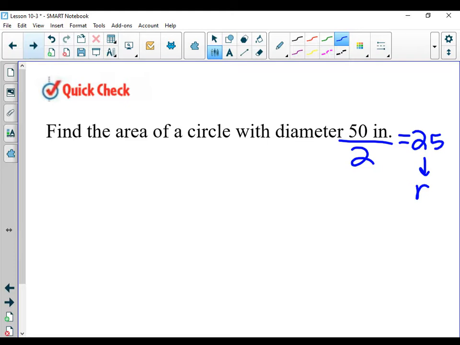R, radius. We're getting somewhere. So now my setup, R hops out, 25 hops in.